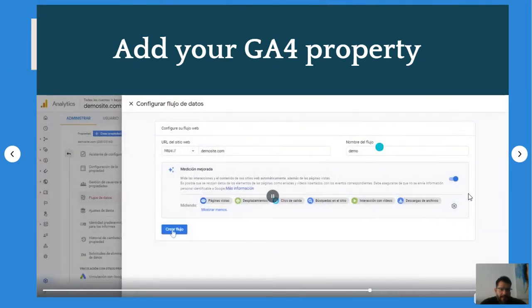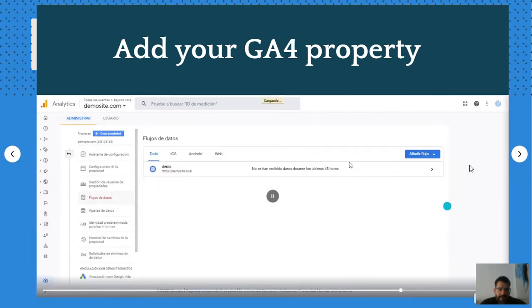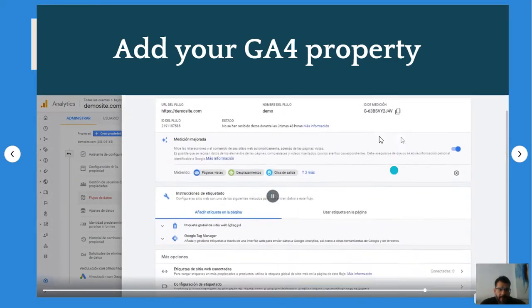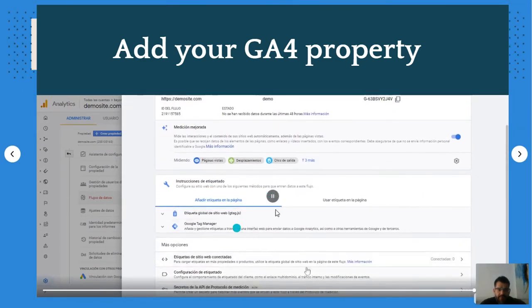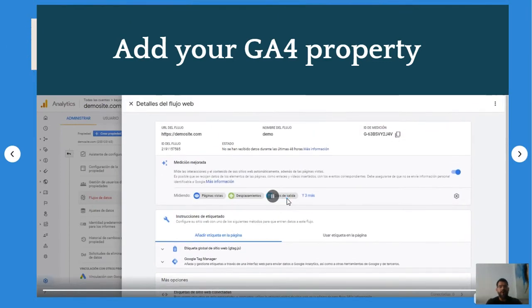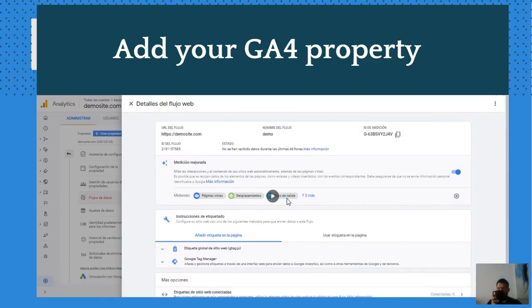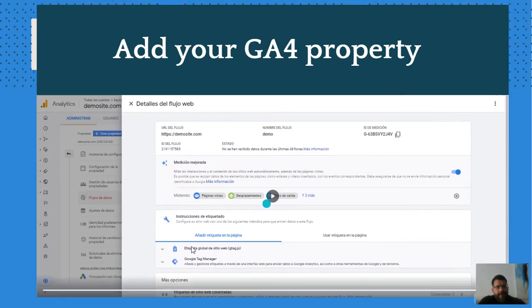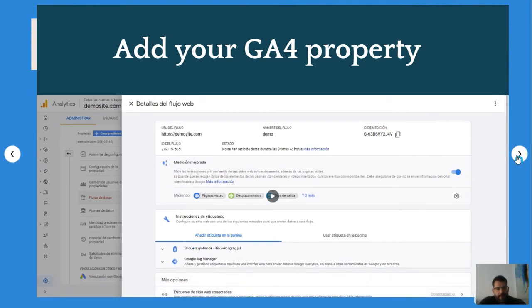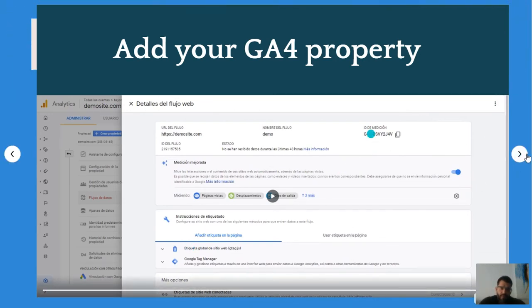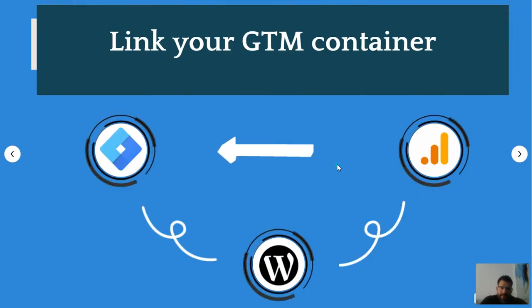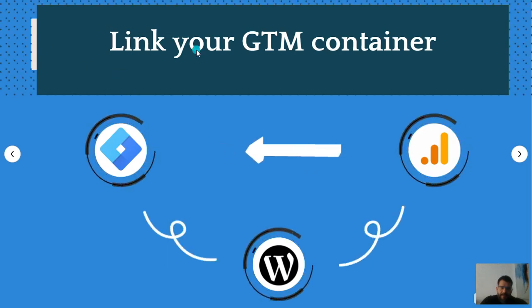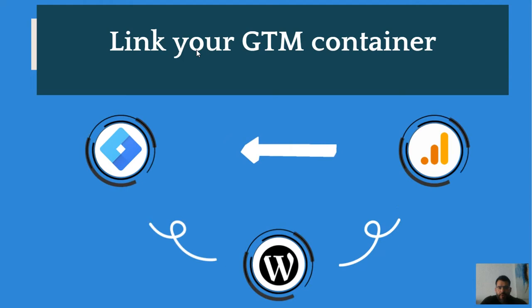Here we have the options that are new for the improved Google Analytics 4, and then we have the ID that we're going to need later, and all the options here. We also have the JavaScript code, but since we are not using Google Analytics directly on the WordPress site, we're going to use this code. So this is the procedure. This is the method that I found is better and is simple, and you don't need code.